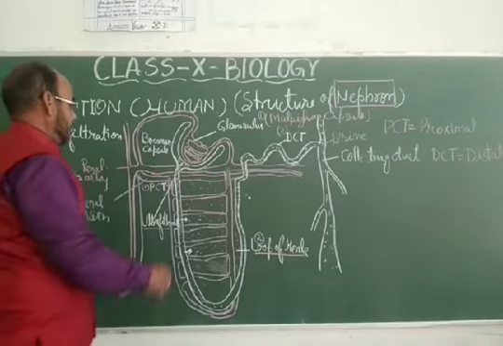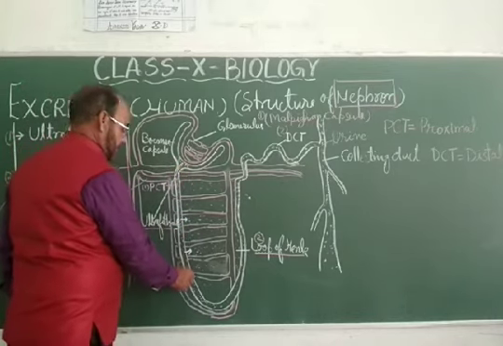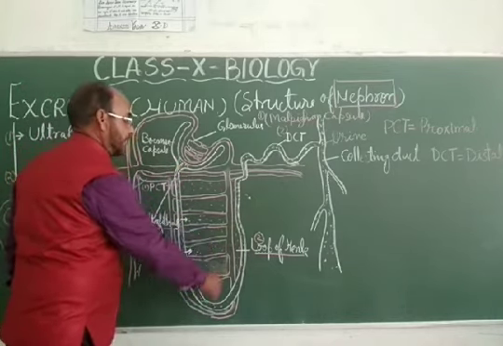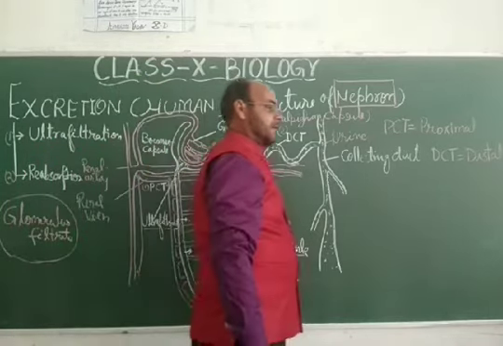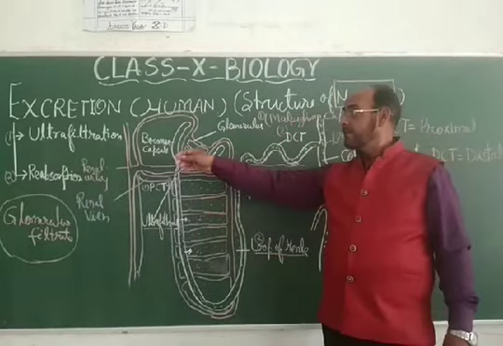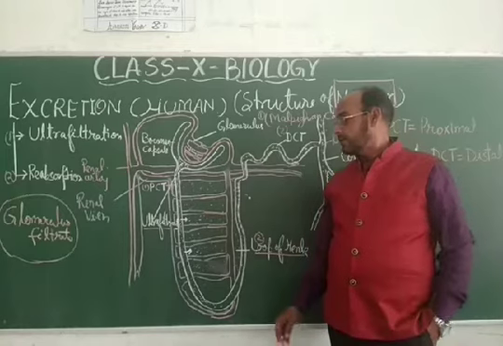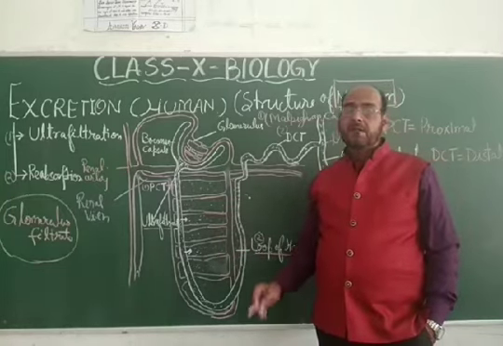Later on, it runs into the tubule-like structure, which is of U type, and this is a coiled tubule-like structure. It has the secretory property, and the second step of excretion is completed as the reabsorption of the essential material.